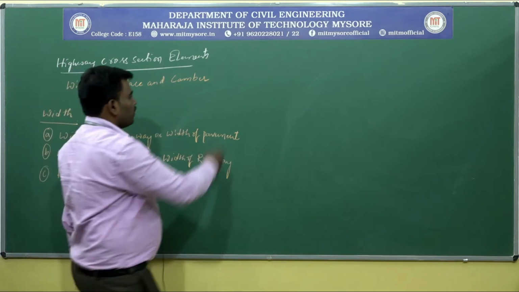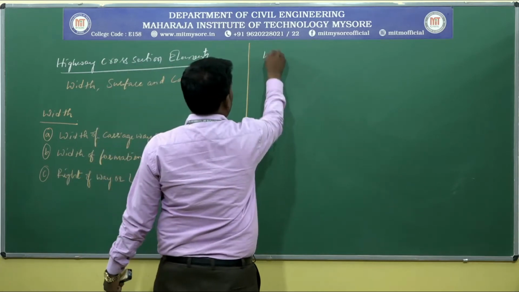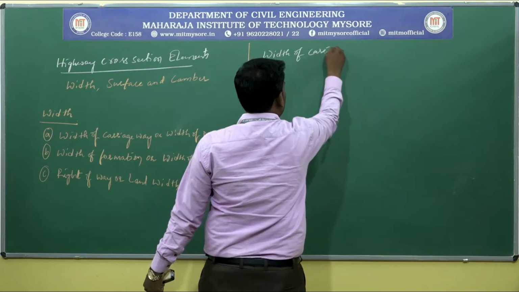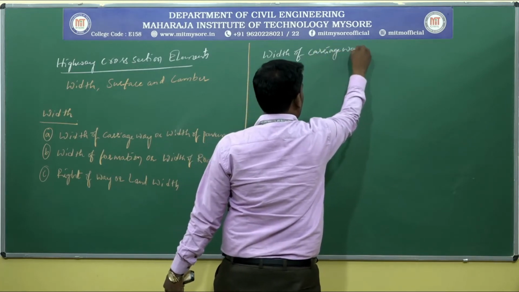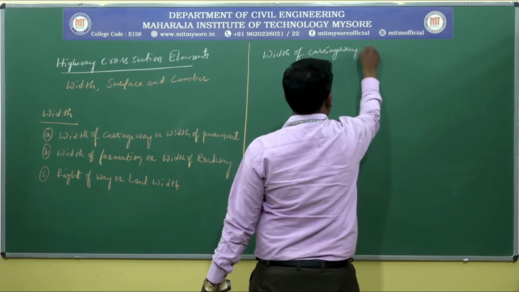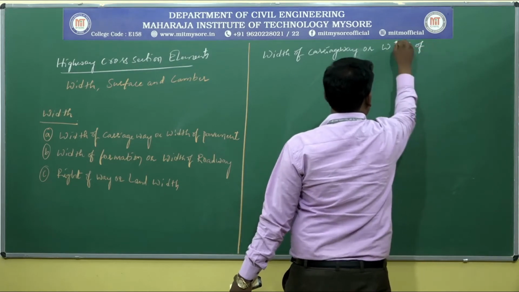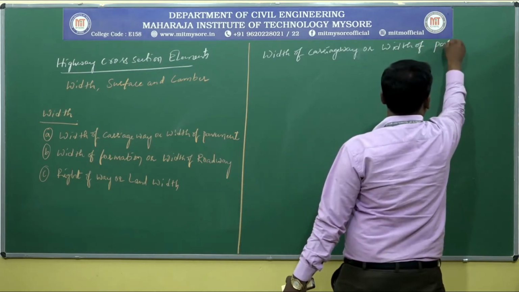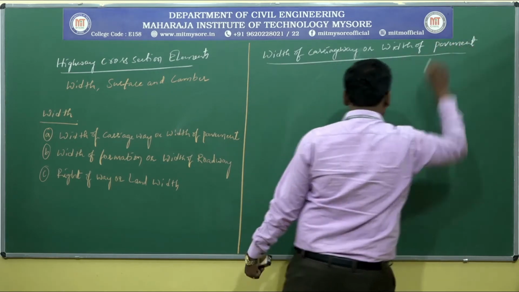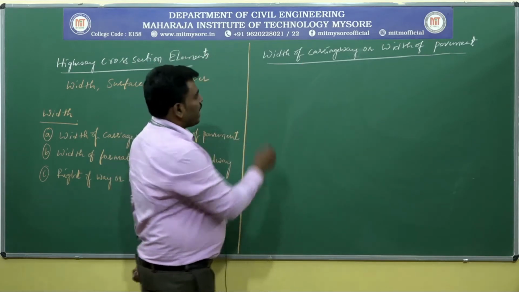I'll go one by one. First I consider width of carriageway, or width of pavement. First, you may get the definition of carriageway.